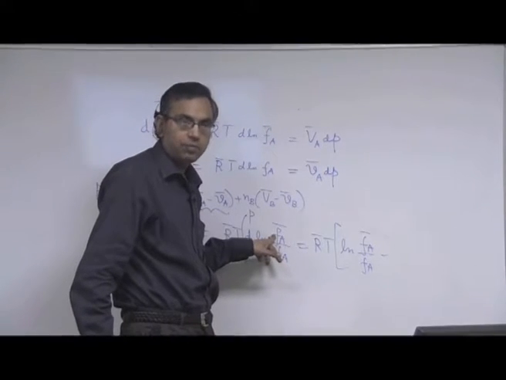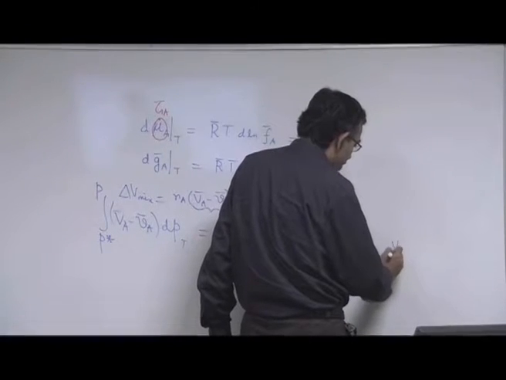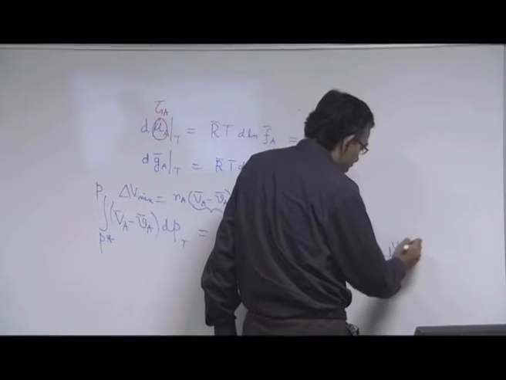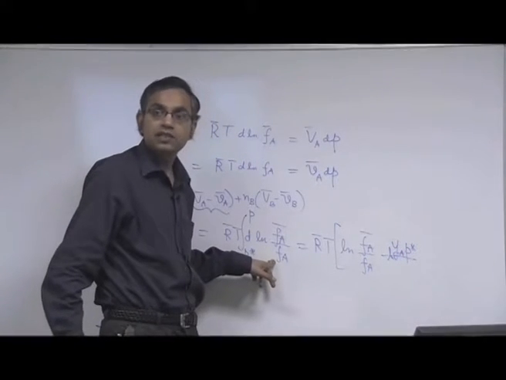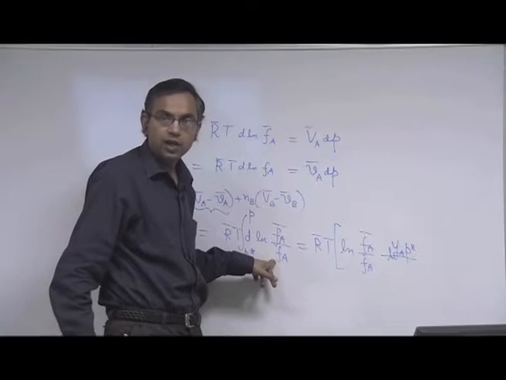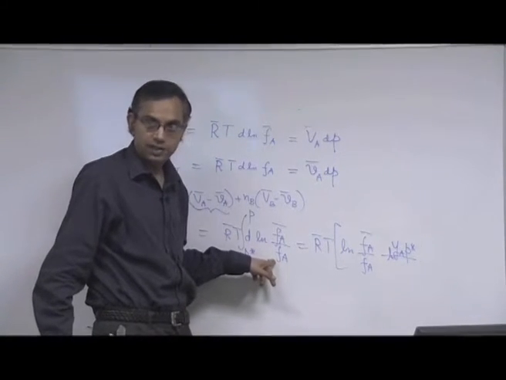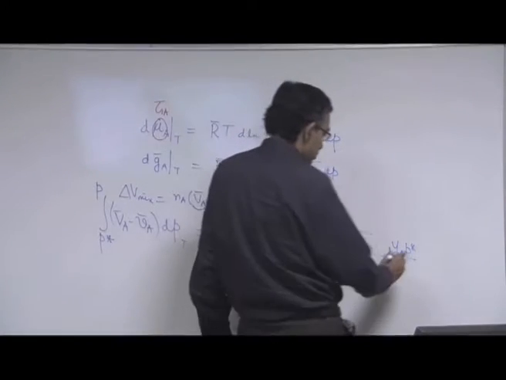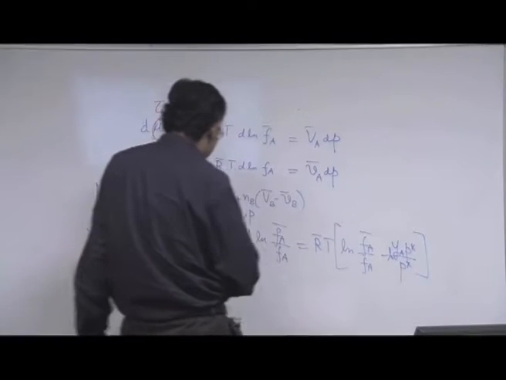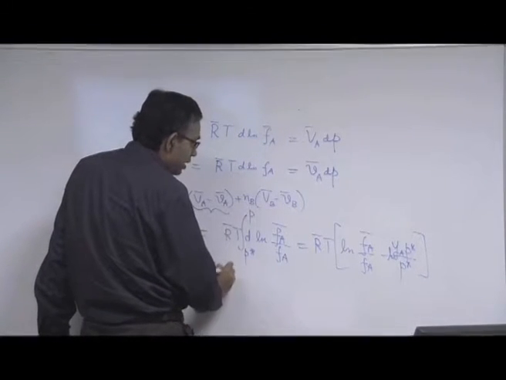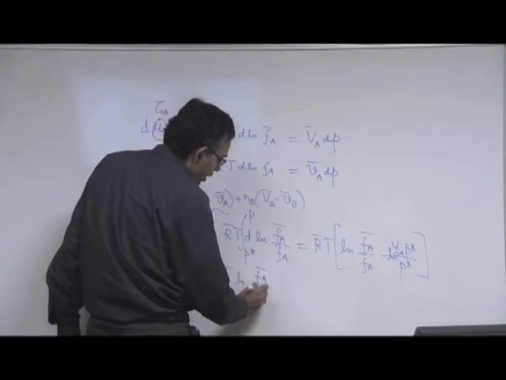Ya into P star, mole fraction into the total pressure. ln Ya P star divided by what is Fa? P star, that is a pure component. For a pure component, fugacity at ideal gas state is the same as pressure. So this is RT ln F bar A by Ya Fa.